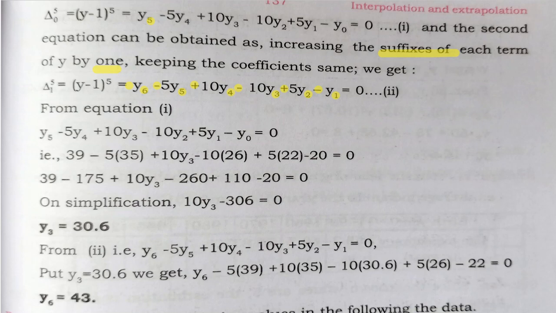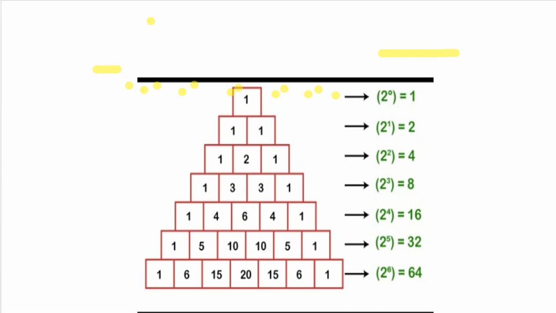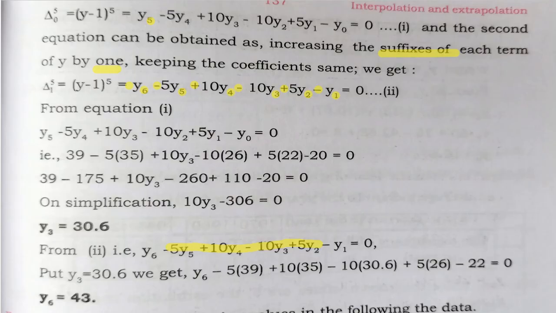Okay, from the Pascal triangle, what are the values? 1, 5, 10, 10, 5. The same values I have written here. What is the Pascal triangle value I will get?